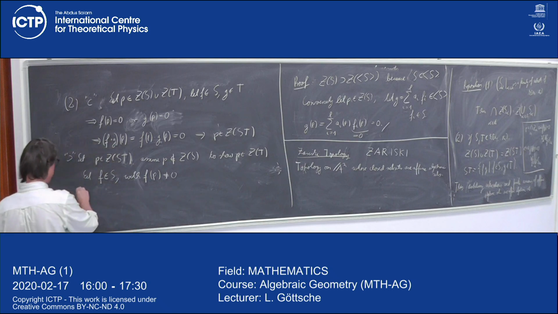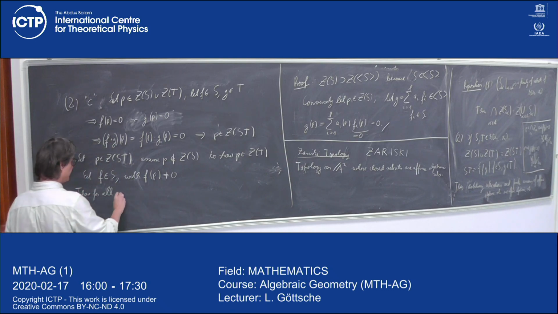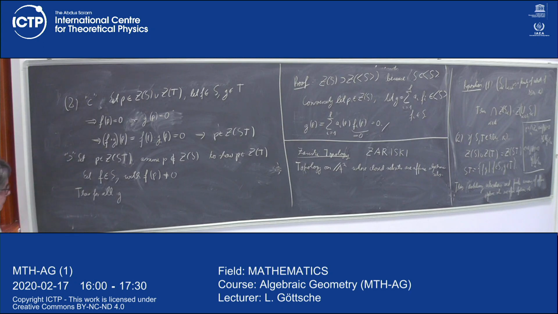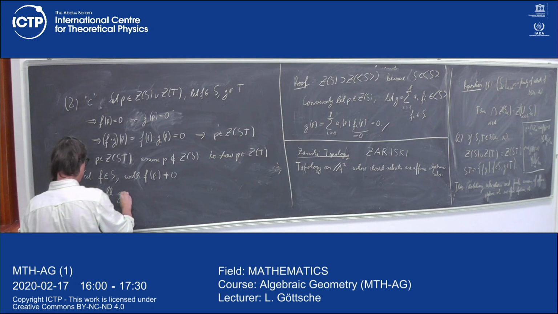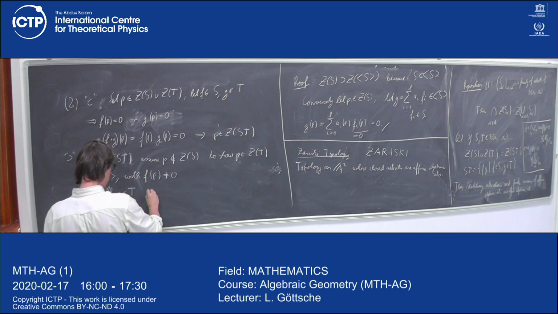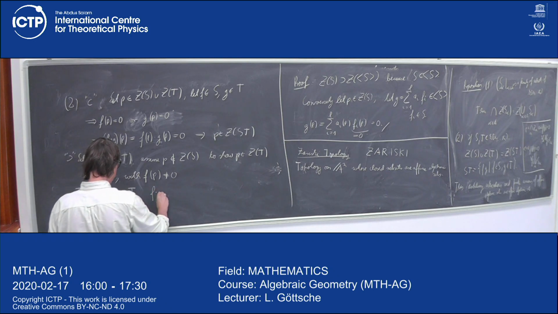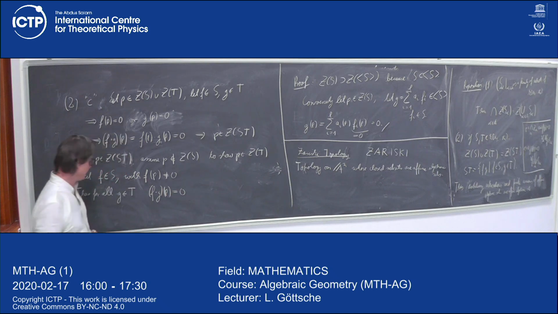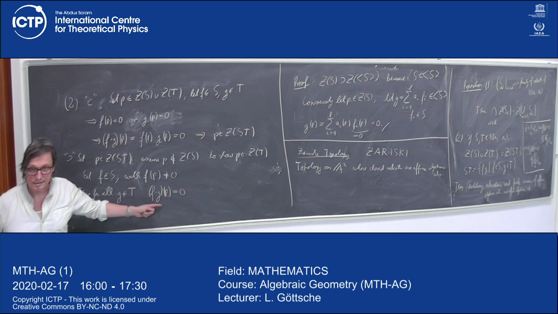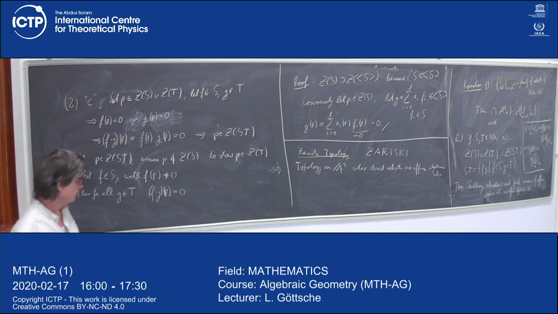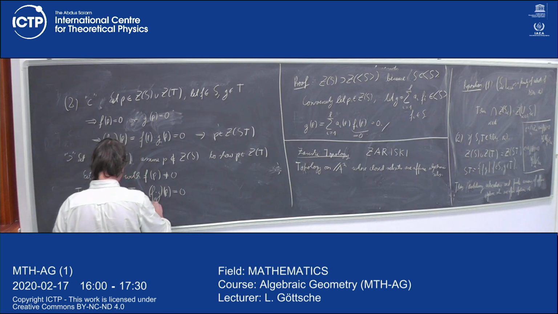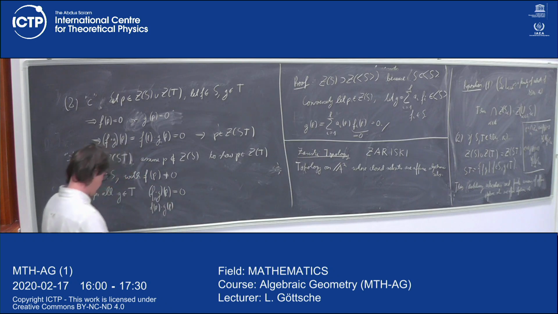So then, thus, for all G in T, we have that F times G of P is equal to 0, because this is an element in ST. But this is equal to F of P times G of P. And F of P is different from 0.